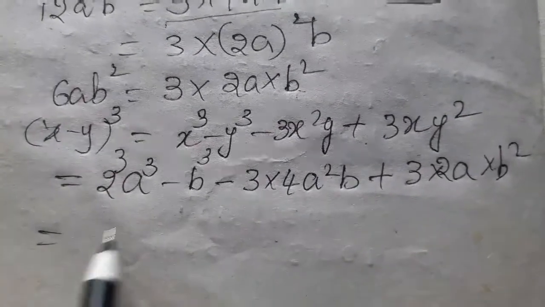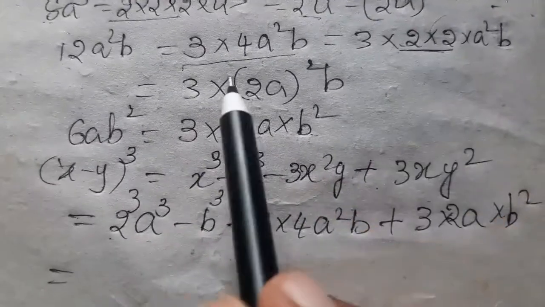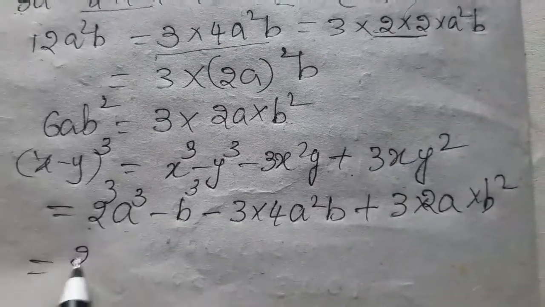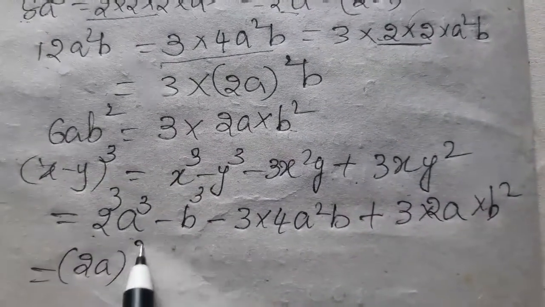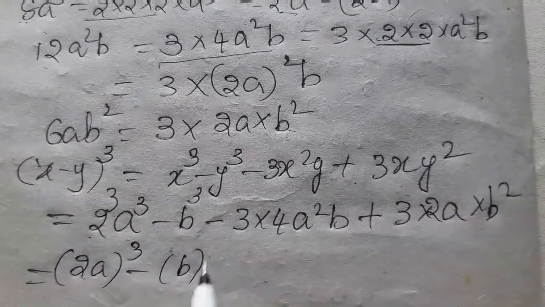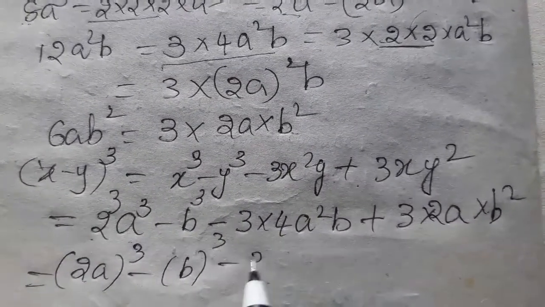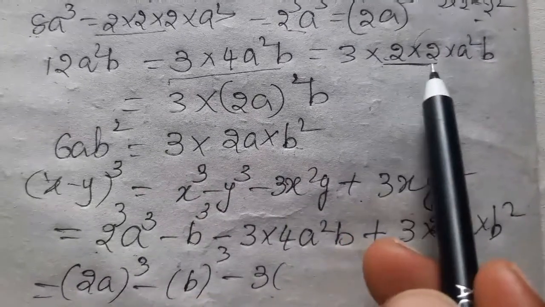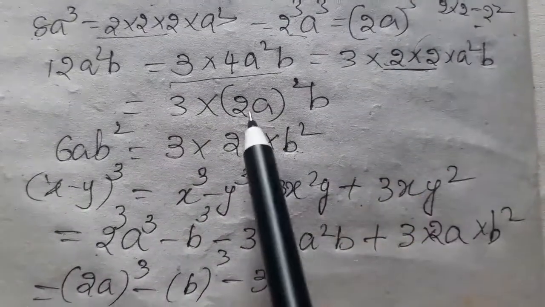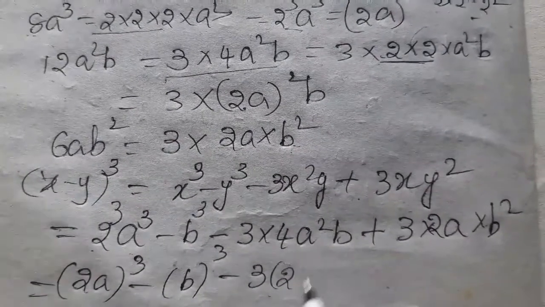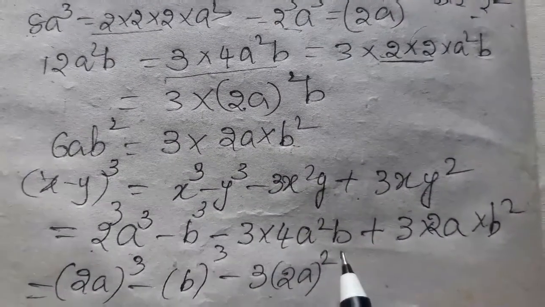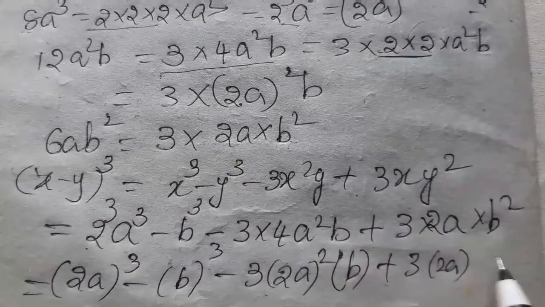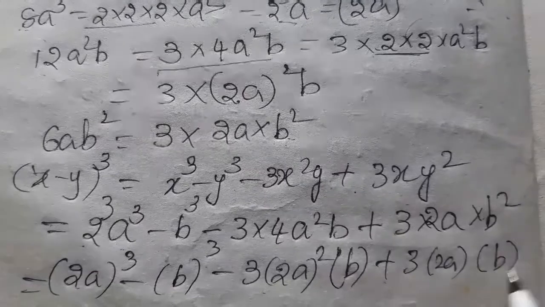Now this can be written as, see here, (2a) whole cube. So that's why (2a) whole cube. This can be written as minus b whole cube minus 3 into, see here, 2 into 2 becomes 2 square, that can be written as 2a. So (2a) whole square into b plus 3 into 2a into b whole square.